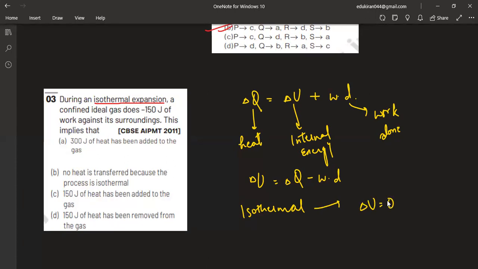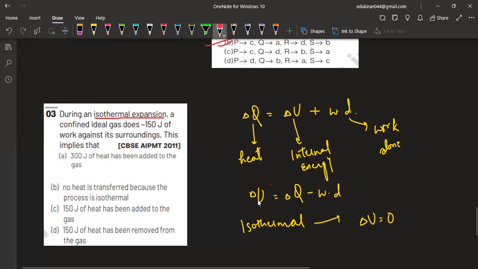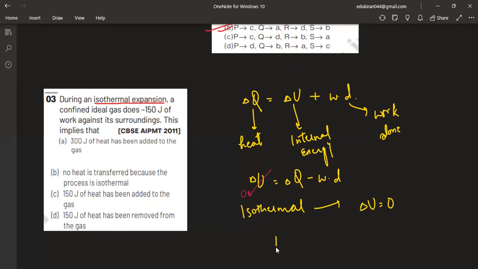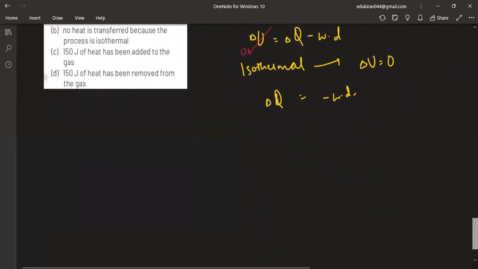As I've told you, this is a function of temperature. So when temperature isn't changing, internal energy becomes zero. So if this term is zero, you are left with delta Q only. Delta Q is equal to minus of work done.